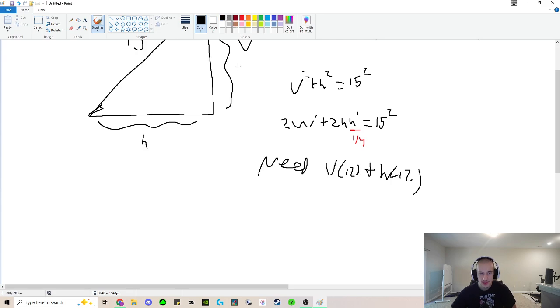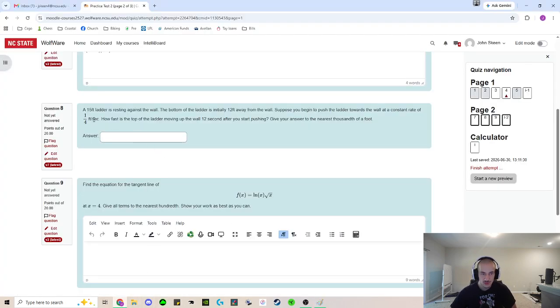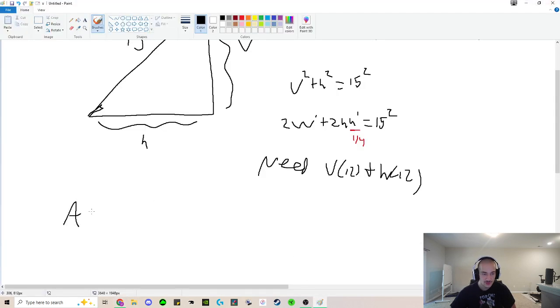How do we get this? Well, the way that we get this is we're moving a quarter foot per second, right? And we want to figure out what it is after 12 seconds. So after 12 seconds, we've got this picture here. The ladder is still 15 feet, of course.